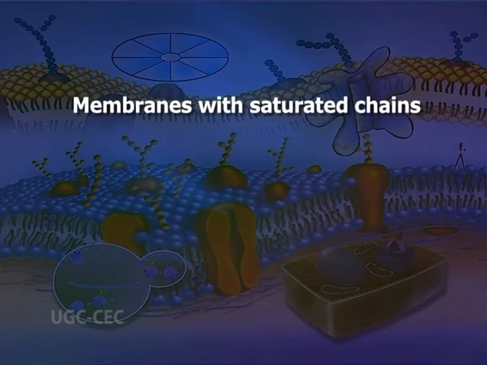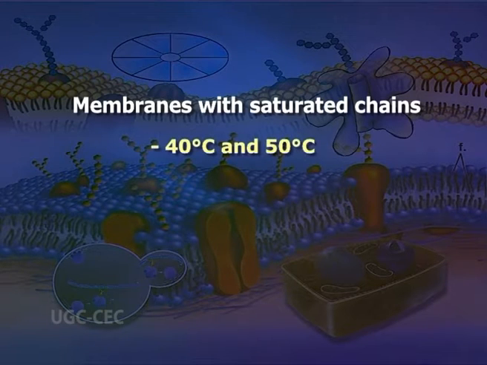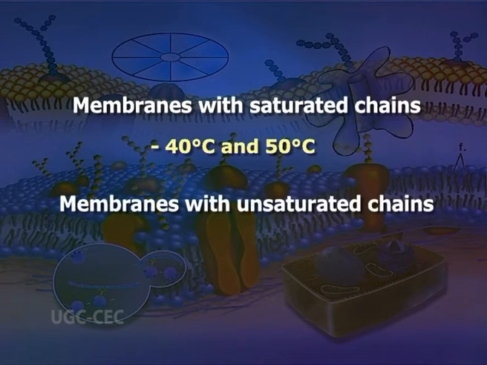As a result, membranes containing many saturated chains have transition temperatures between 40 and 50 degrees Celsius, whereas membranes with mainly unsaturated chains melt at about 0 degrees Celsius or lower.